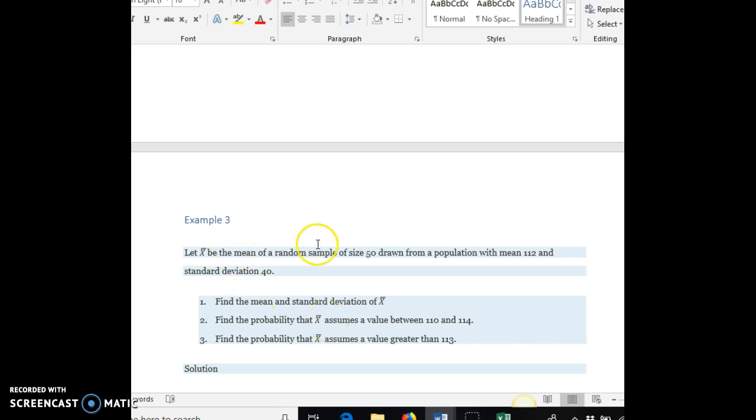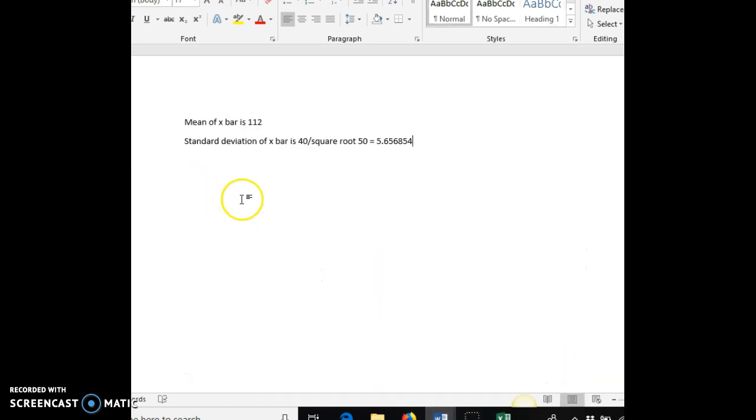Also a clue in our example is that we have a sample size. So we're going to use a z-score, but it looks slightly different. The formula we're going to use now is x bar minus mu over sigma, our standard deviation, in parentheses, divided by the square root of the sample size.